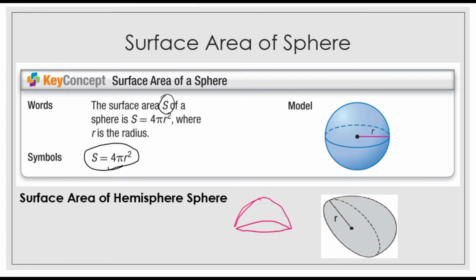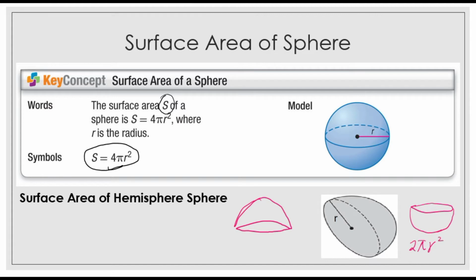Just imagine this is an open cup without a lid on the top. What is going to be the area of only this half sphere? Since the area of the whole sphere is 4 pi r squared, the area of this one only, without the internal parts, is going to be 2 pi r squared, because that is the area of half of that sphere.